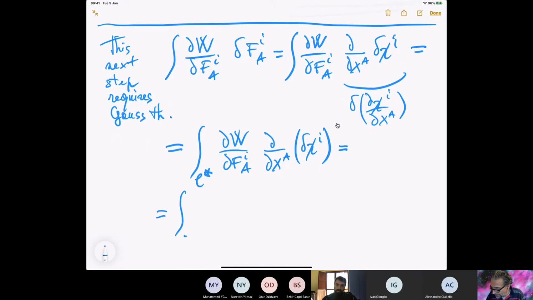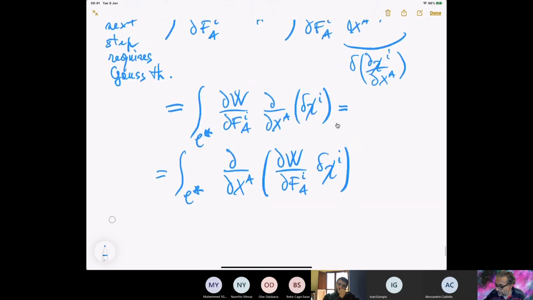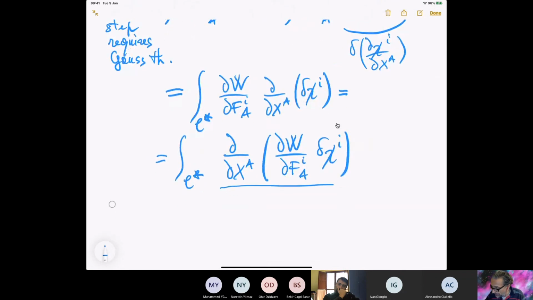I can apply the Leibniz rule for derivation. So if I have this quantity, I derive this quantity using Leibniz rule.